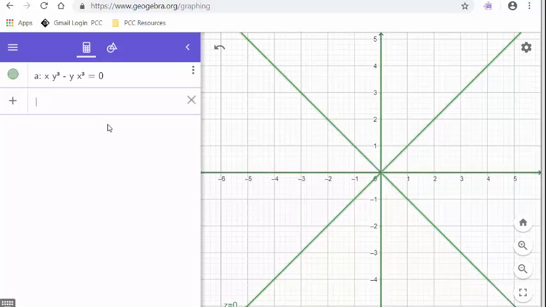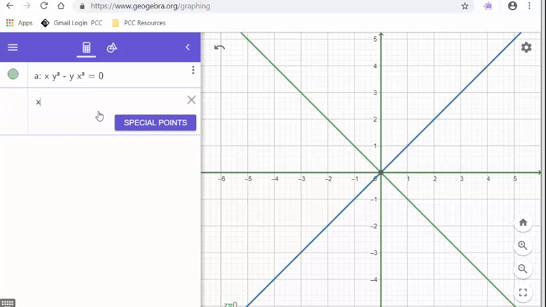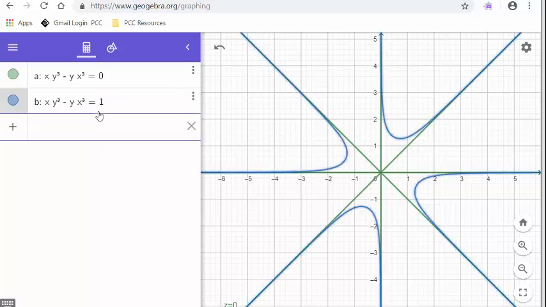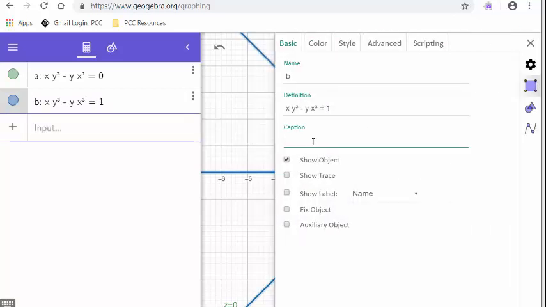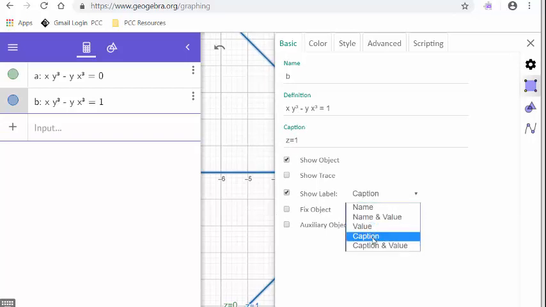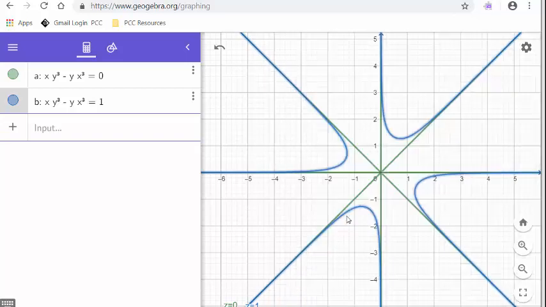All right, I want to take the same thing and just look at different, when are the z values 1 or -1? So x times y to the third minus y times x to the third equals 1. And we get these blue lines. I'm going to do the same thing, give it a caption of z equals 1. Show label caption. And so we've got that there.